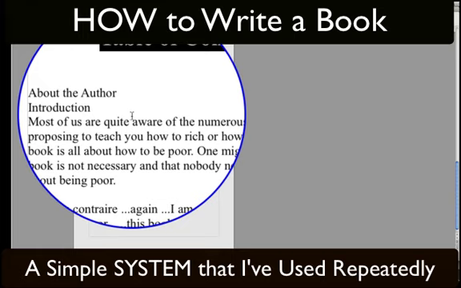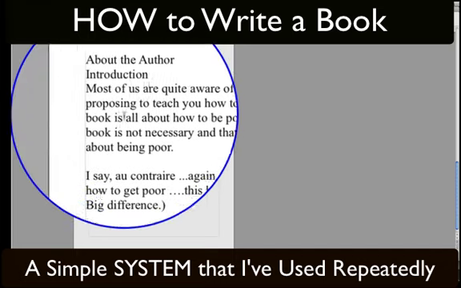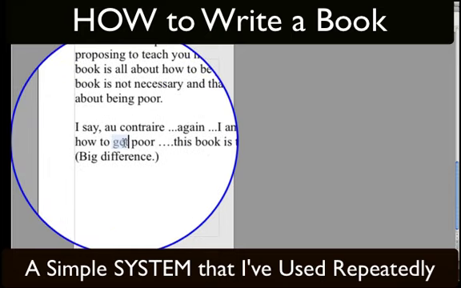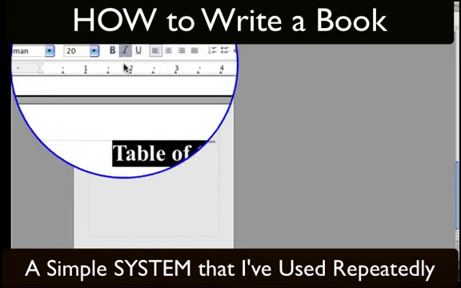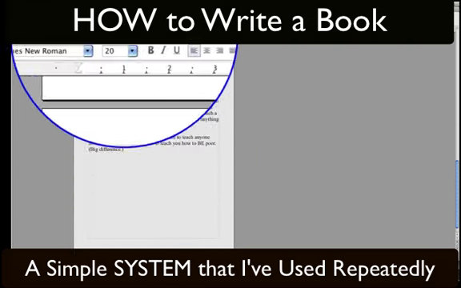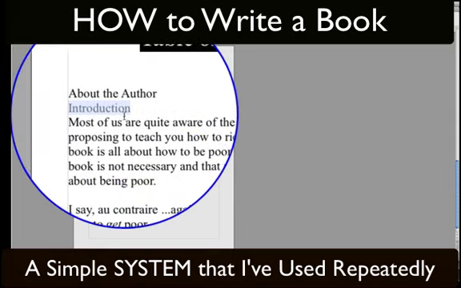Big difference. Italics. I'm gonna put this, and there you go, italics. Okay, now I've started the book. About the author, introduction.